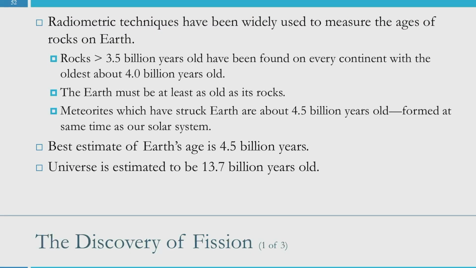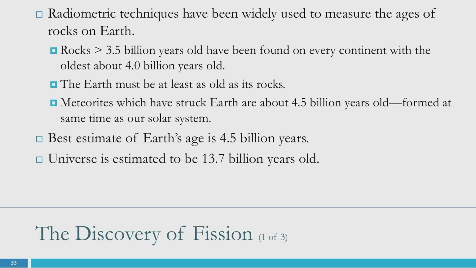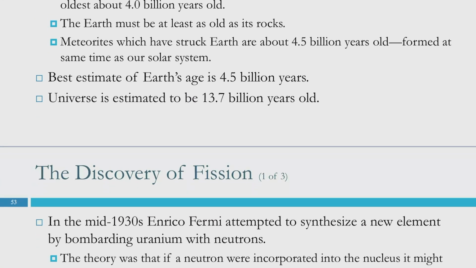There are also meteorites that have struck the Earth that are estimated to be about 4.5 billion years old, and those are assumed to have formed at the same time as our solar system. So, according to the book at least, our best estimate for the age of the Earth is 4.5 billion years. So 1 half-life for the uranium-238. And then the universe, probably by other dating means, is estimated to be 13.7 billion years old.